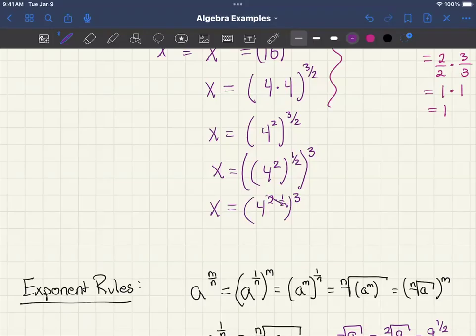Those two things, 2 times 1/2, give us a fancy pants 1. So that leaves us 4 to the third power. So we know 4 times 4 is 16. 16 times another 4 would be 64. So our answer in this case is 64. And that was a bit of work, wasn't it?